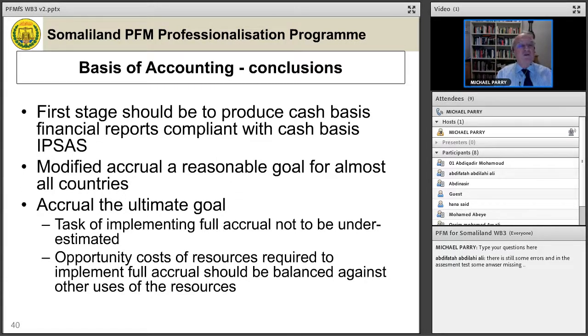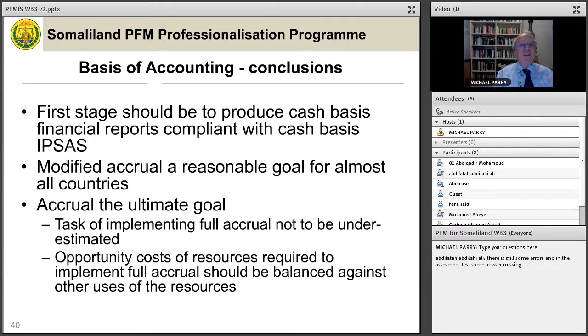For most countries, modified accrual is a reasonable goal. Full accrual may be for the very long term, but unless you have got considerable resources to spare, if you can get to modified accrual accounting and reporting, that should be sufficient. And then regard accrual as the ultimate goal. It's a major task.